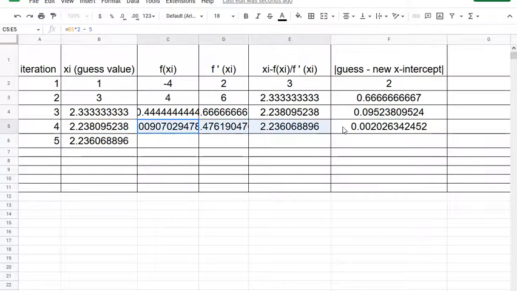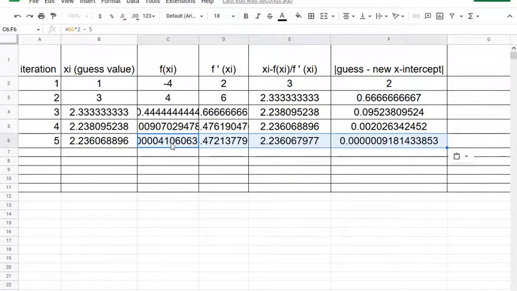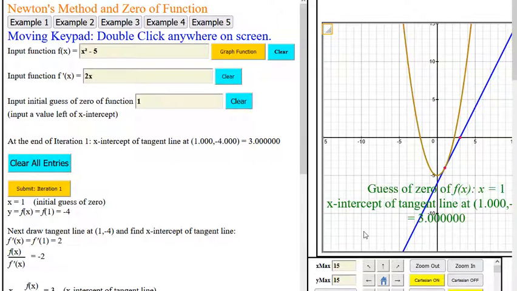And then copy, Control C, and now Control V. If we're happy with this difference here, then the x-intercept of f of x will be 2.236. And if we look at the graph, the x-intercept right here is 2.236 after 5 iterations.